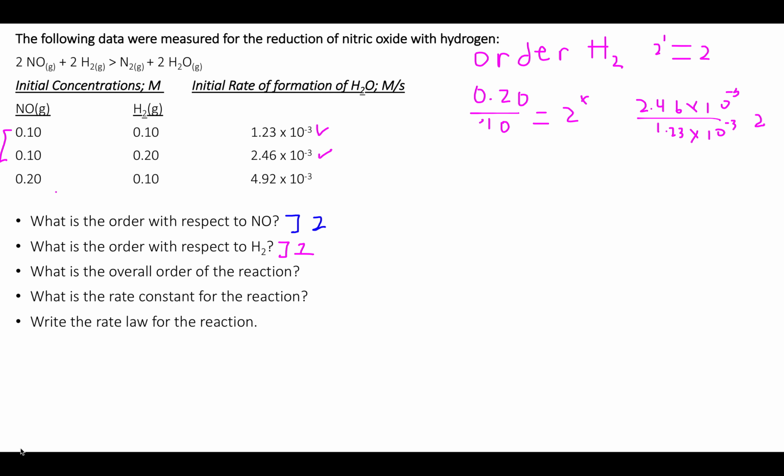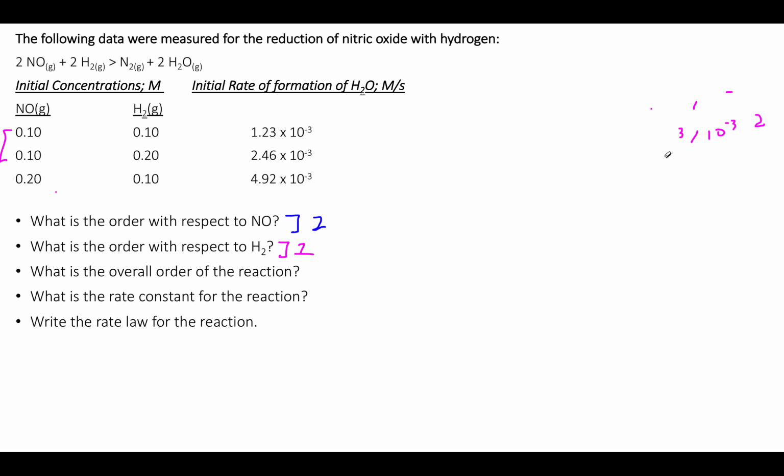So that is the bulk of the math here. Now we're just going to use what we just found to answer the remaining questions. Important to note here that if you mess up on this initial part, your answers for the next parts are going to be wrong. So just be careful.